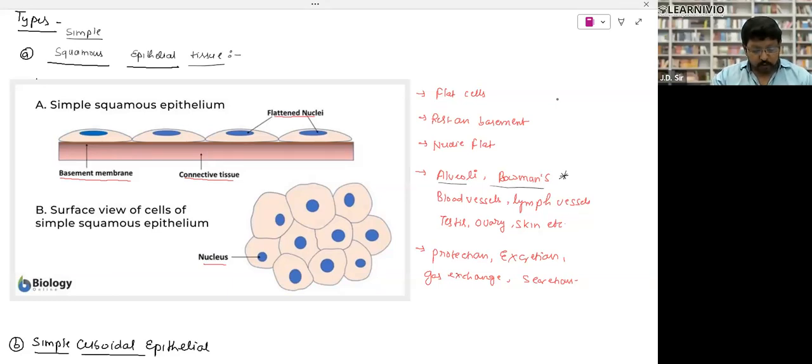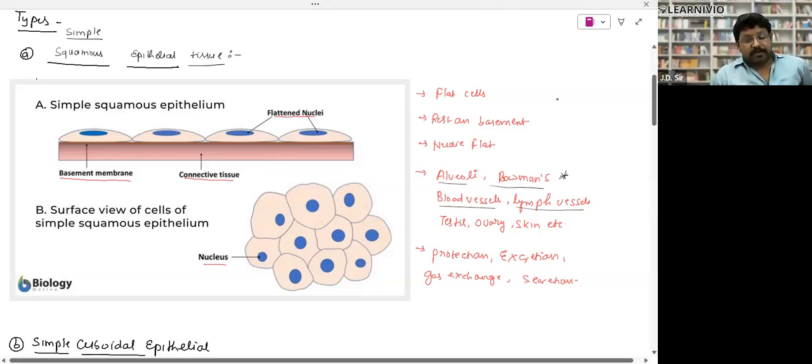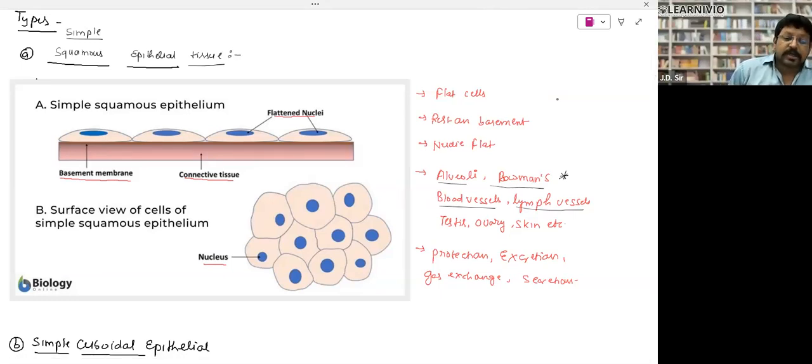Bowman capsule of kidney, blood vessels, lymph vessels, testis and ovary, etc., skin.